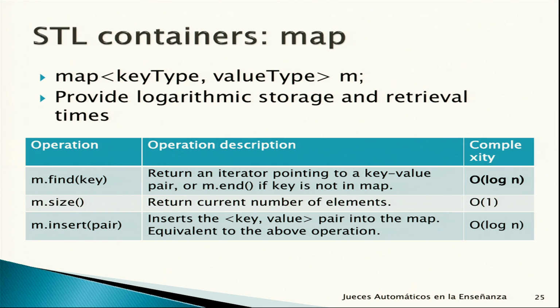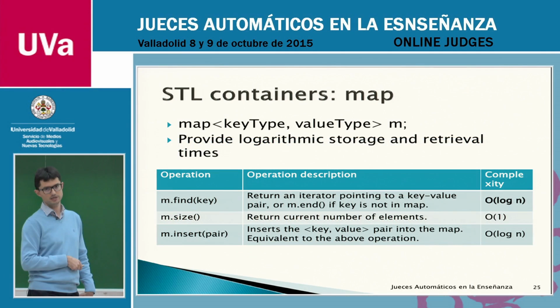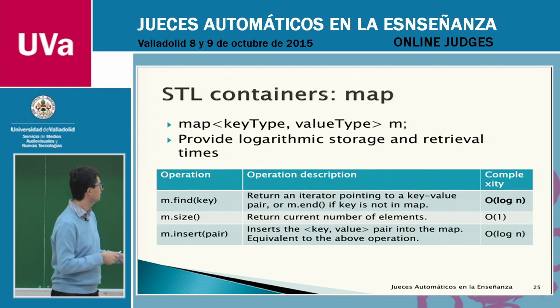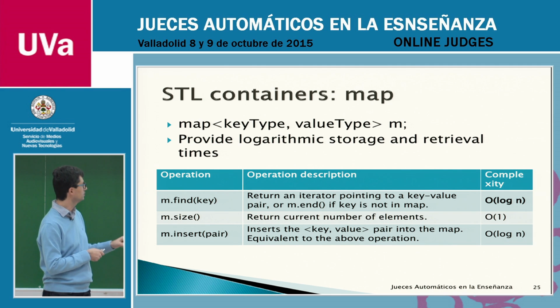As happens in the set, they have a logarithmic time for access and for insertion. So the only difference is that here the elements are key-value pairs, and in the other one you only insert the element itself.